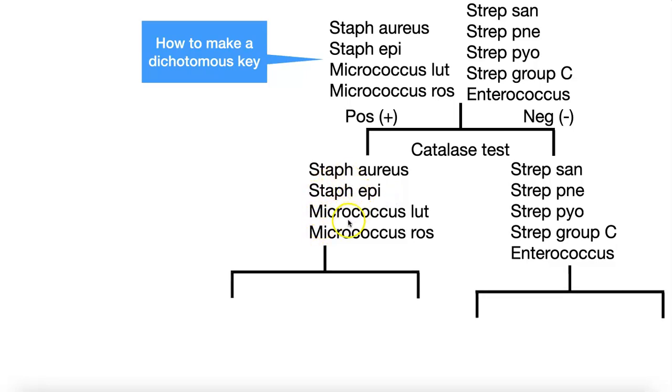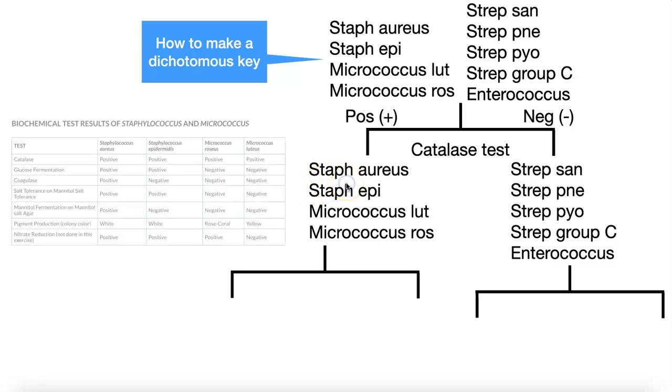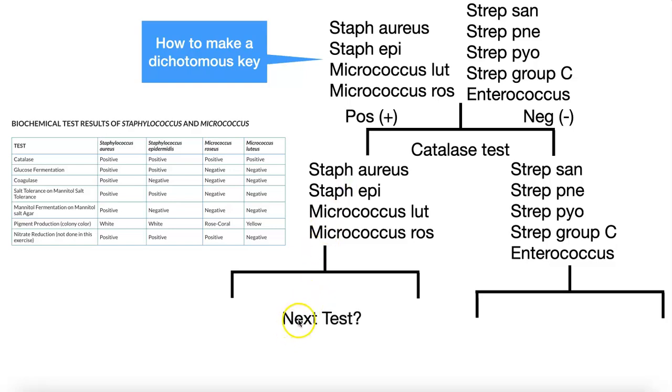Now, of course, if you got a positive catalase test result and narrowed it down to these 4, there are additional tests that you can do that will allow you to narrow down this group of 4 even further. So a question that you can ask is, if I got this positive catalase test, what would I do next? And so that's what this branch is supposed to show.